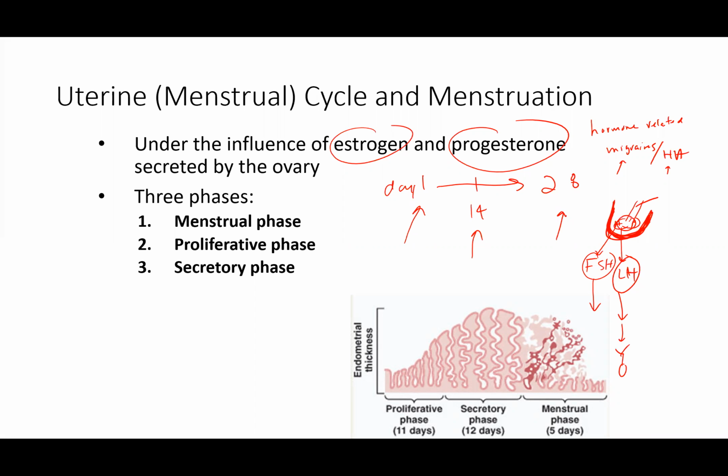So the gland goes, no problem, I'll just work harder and release more and release more and release more. So this gland starts to swell. The pituitary gland starts to swell, and it can only swell so big before it hits the bony surrounding, the sella turcica. Okay, that causes a headache, that causes migraines.